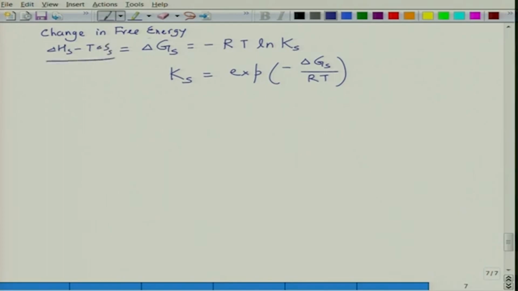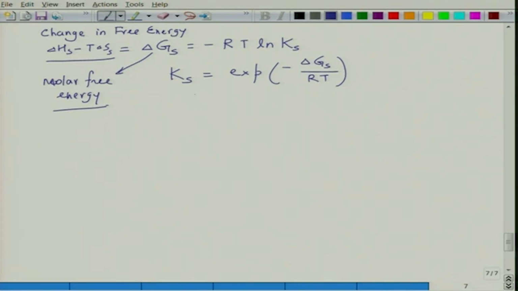So, this is the molar free energy, and delta Hs would be the enthalpy of defect formation, and delta Ss would be the change in the entropy, which is mainly vibrational in nature, and we ignore that for most cases.